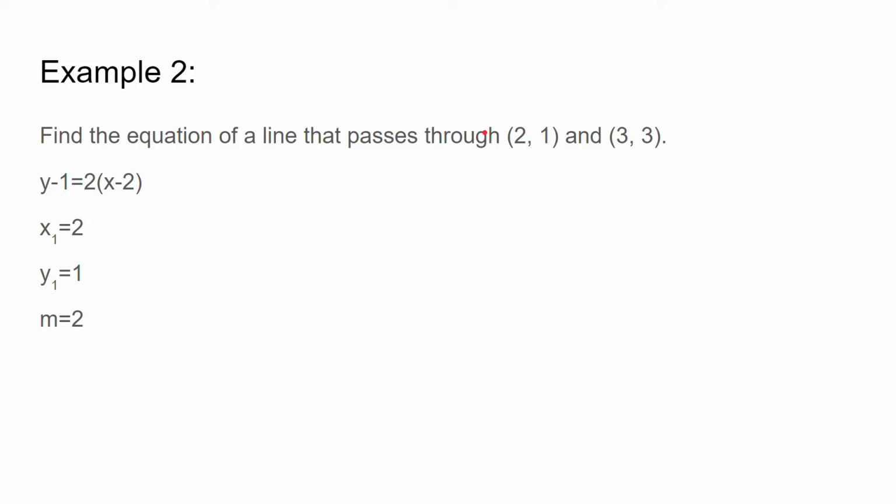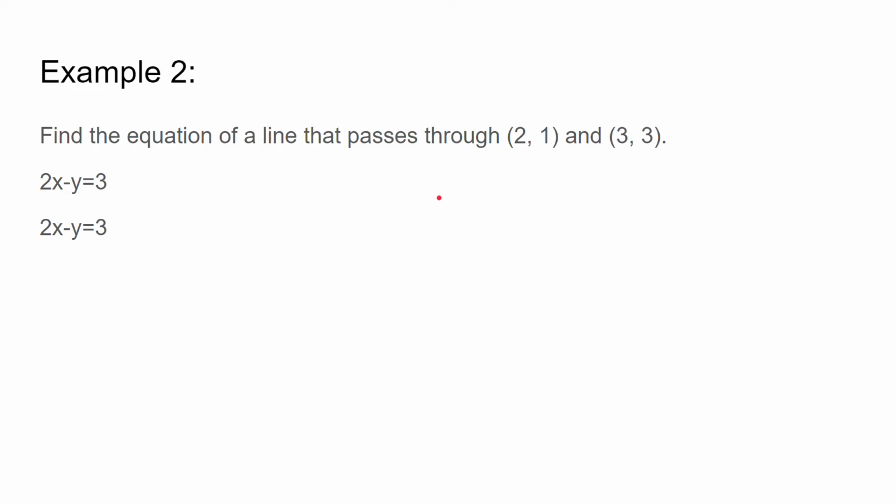If we used the other point for x1 and y1, we would get y minus 3 equals 2 times x minus 3. Let's turn these two lines into standard form, and we would get that these two equations were actually the same to begin with, so it doesn't matter which point we use as long as we use the same point for both x1 and y1.